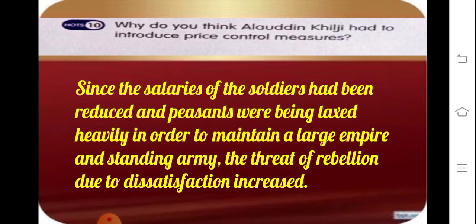So this question is, why do you think Alauddin Khilji had to introduce price control measures? Since the salaries of the soldiers had been reduced and peasants were being taxed heavily in order to maintain a large empire and standing army, the threat of rebellion due to dissatisfaction increased.